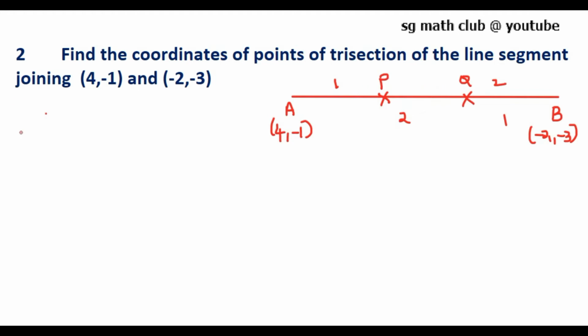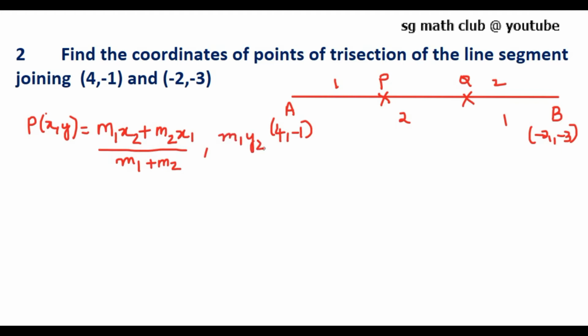Now first let us find the coordinates of P. So the coordinates of P are given by the section formula: (m1 x2 plus m2 x1) divided by (m1 plus m2), and in the same way (m1 y2 plus m2 y1) divided by (m1 plus m2).